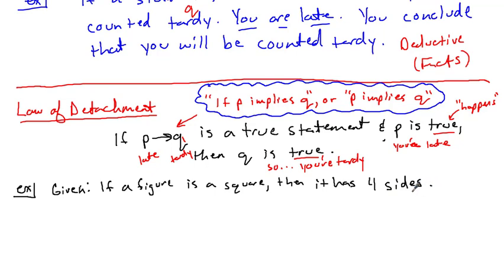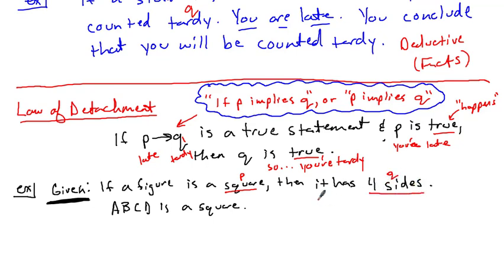Everybody would agree with that also, right? So if a figure is a square, then it has 4 sides. And now we're going to say, okay, A, B, C, D, those are 4 points, is a square. Fact, right? Because when it's given to you, you don't argue it. It's a fact. It's happening. It's true.